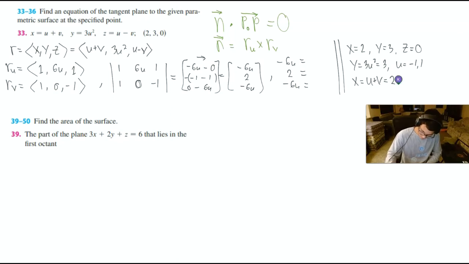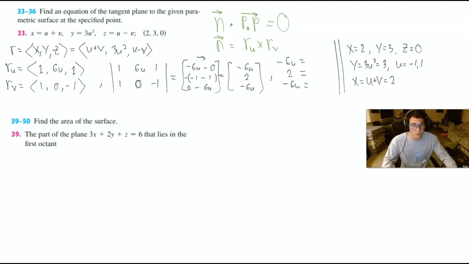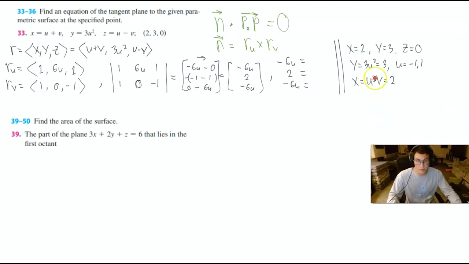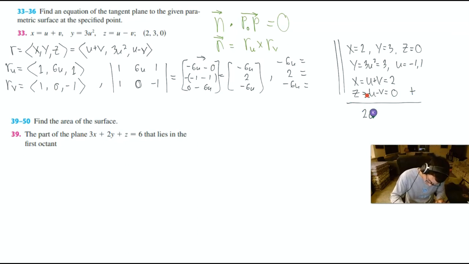But maybe we can just do a system of equations, which might make this even easier than doing all this algebra. Z is also equal to u minus v, but z is equal to 0. So let's add these. We see that we get 2u is equal to 2. So u is definitely equal to 1. Then we can go back up to the top and scratch out this negative 1.